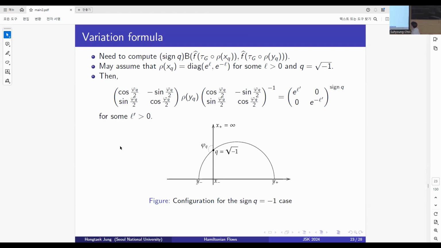Then we just do some hyperbolic geometry, and you can see that this is the case. So the situation is like this. If you do such a normalization, the geodesic representative of X is this vertical line with an attracting fixed point at infinity. And depending on the sign of the intersection, this is the case when the sign of intersection is -1.